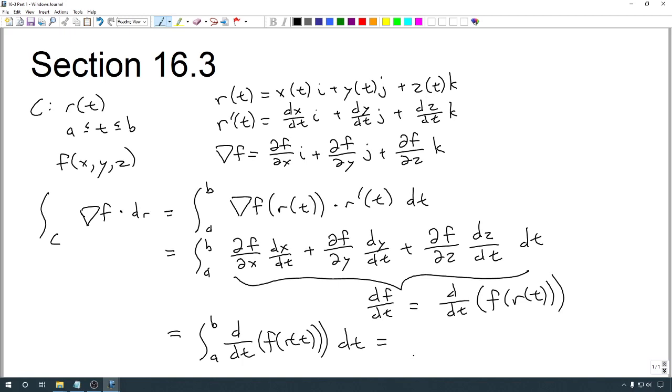We can use the regular fundamental theorem of calculus to make this the function f of r of t evaluated from a to b. Or in other words, we have f of r of b minus f of r of a.